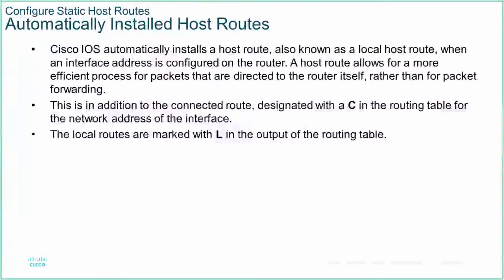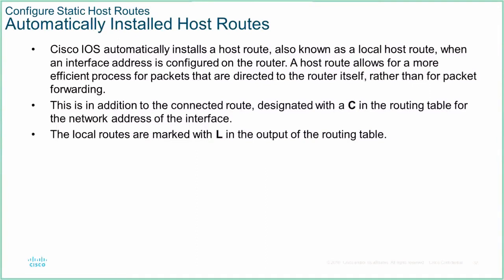So by default, the automatic routes that it will insert are our directly connected networks and our local routes displayed as an L. So this for IPv4 is the configured IP address on the interface that is connected to our C. So our C, our directly connected routes, is the network that exists on that interface.